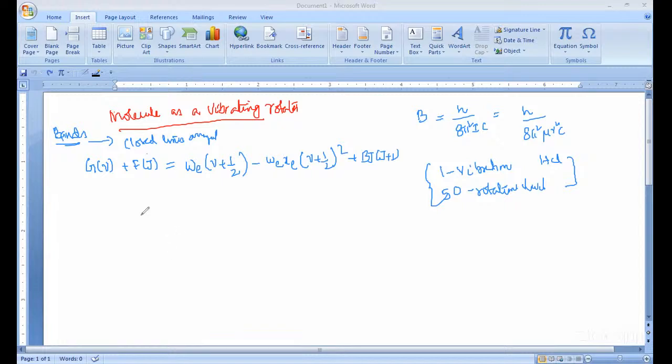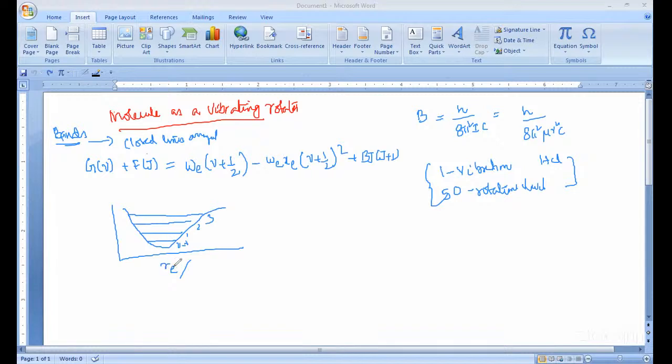In the vibrational rotational structure, we have nu equals 0, 1, 2, 3 and so on.